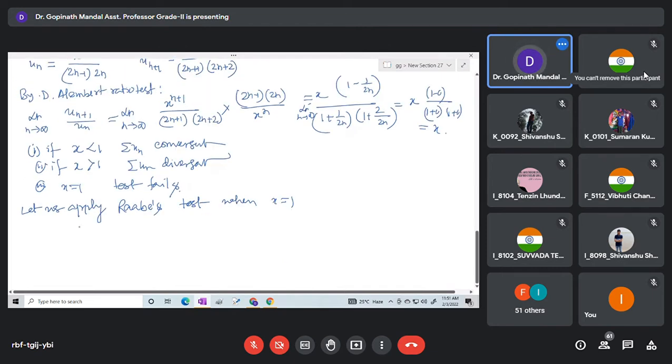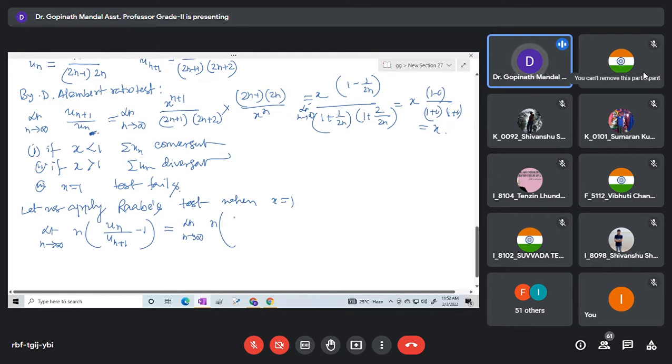Now in that case, what is the Rabi test formula? Limit n tending to infinity, n into un by un plus 1 minus 1. So this will be limit n tending to infinity, n into un by un plus 1.